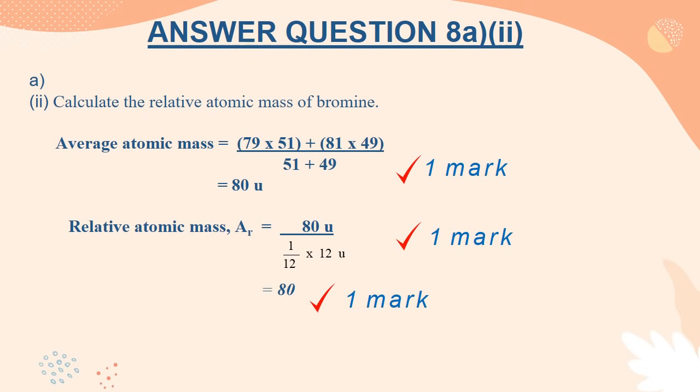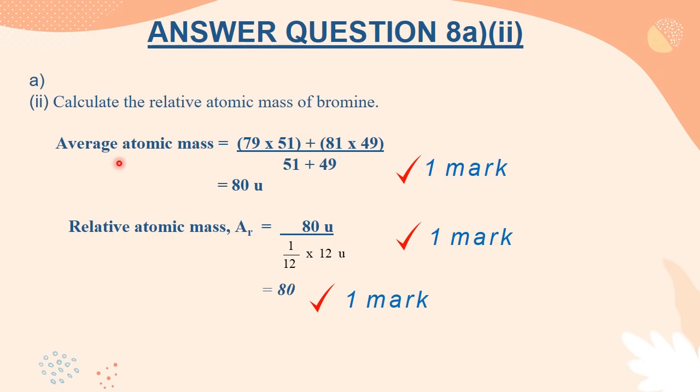Now we look at question 8A2. Calculate the relative atomic mass of bromine. So we will use average atomic mass equal to the summation of percentage abundance times isotopic mass, divided by the summation of percentage abundance. When we calculate the average atomic mass, we take the isotopic mass and the percentage abundance, referring to the earlier diagram.